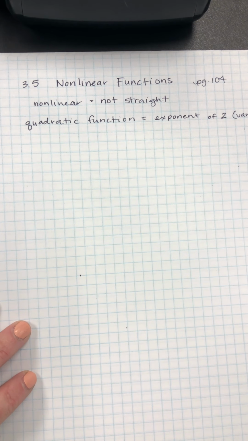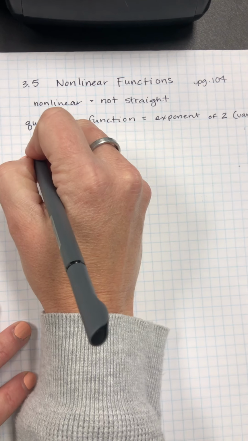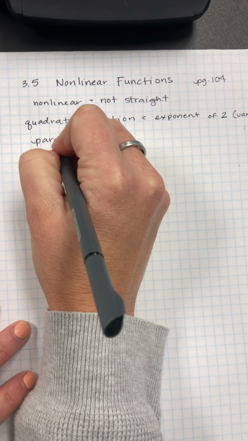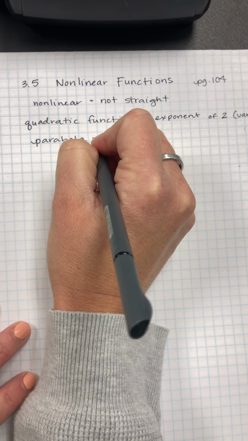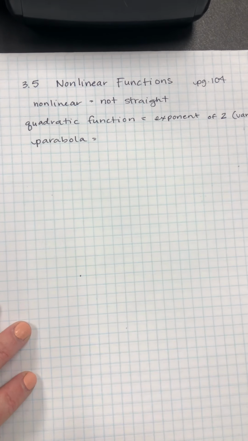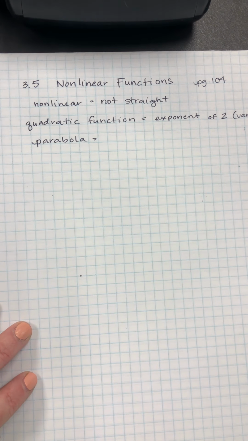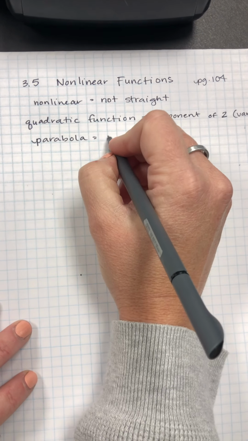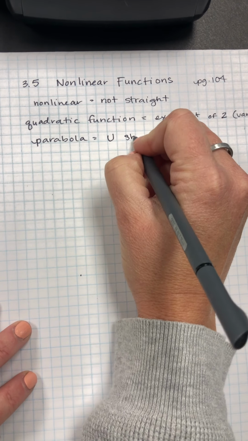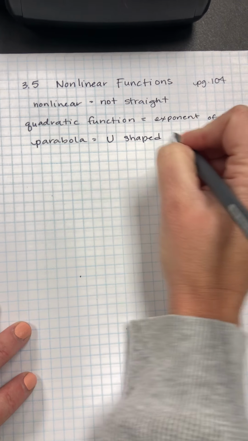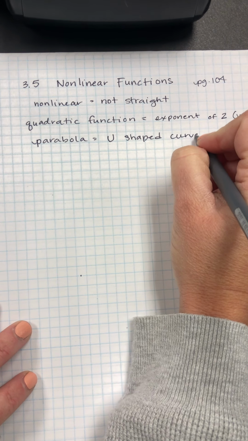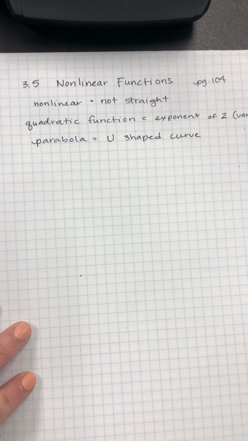Okay? And then a parabola. Quadratic function is our first one, and a parabola is our second. This is a U-shaped curve on our coordinate plane.